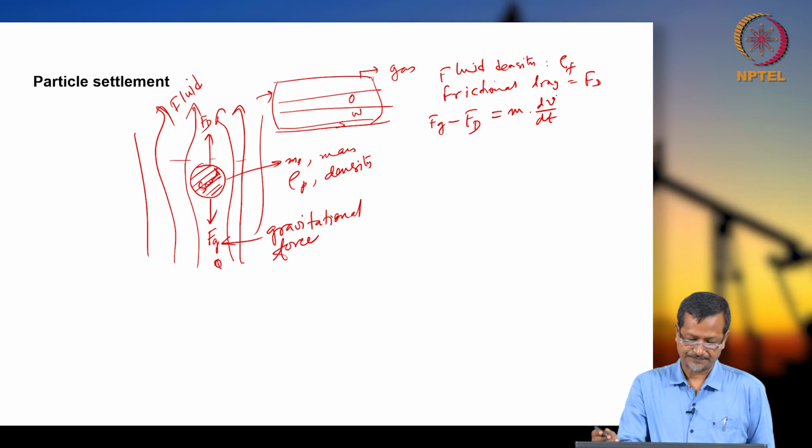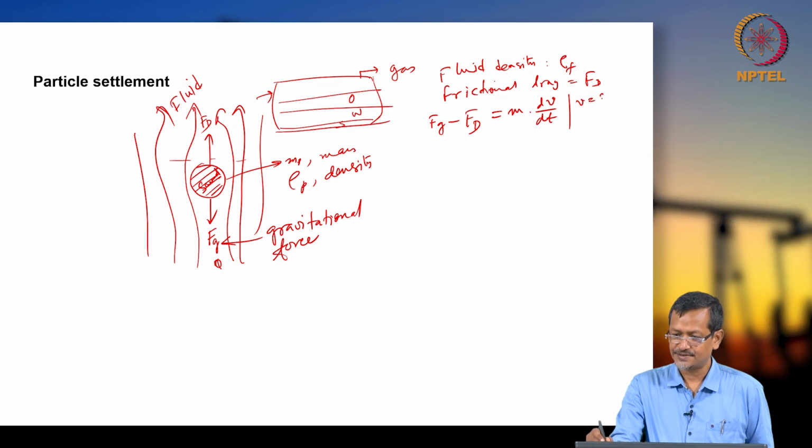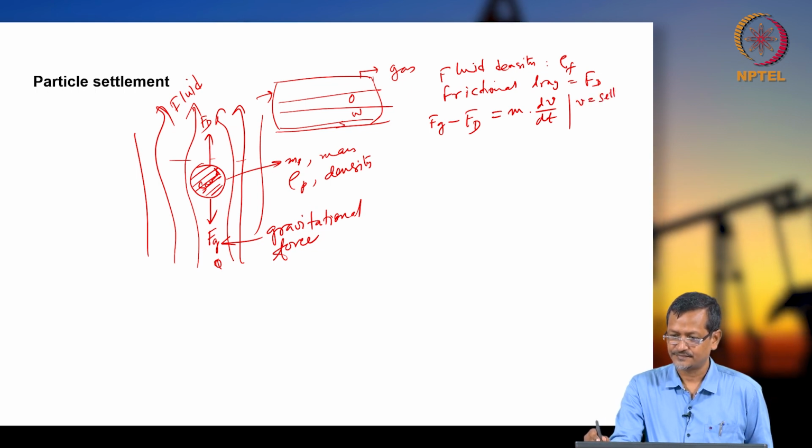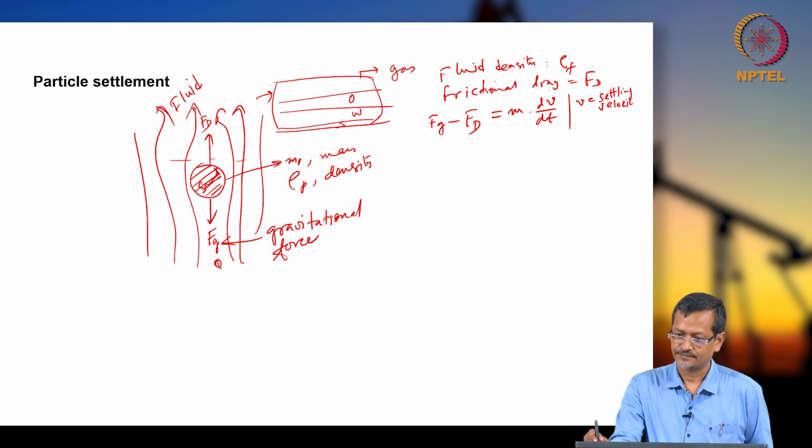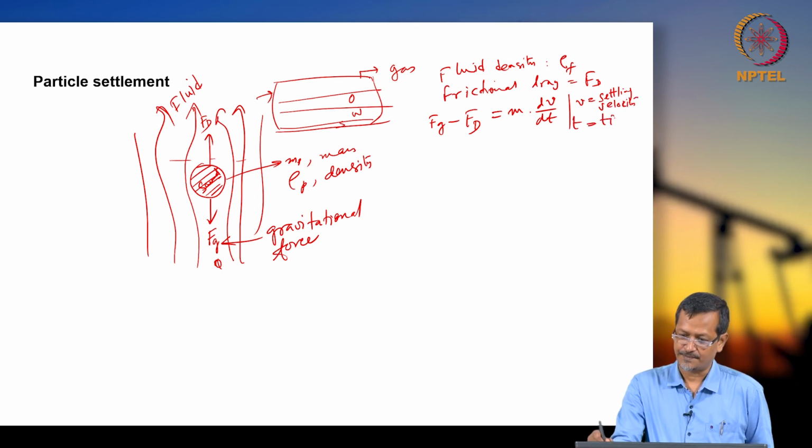This is the particle acceleration, where v is the settling velocity and t is time.